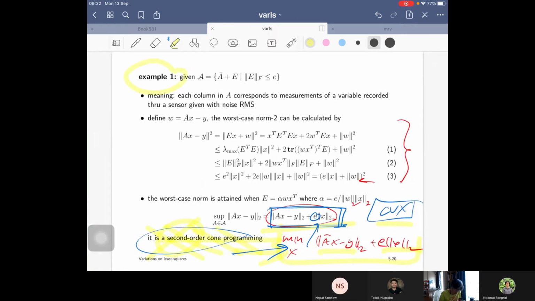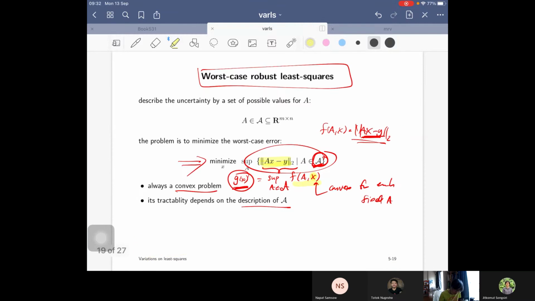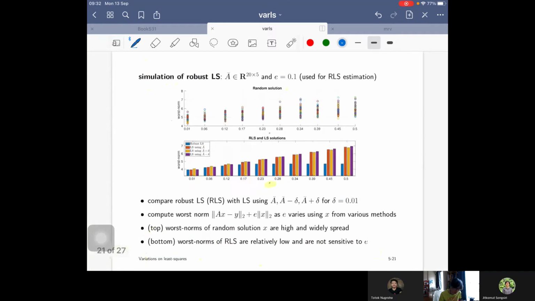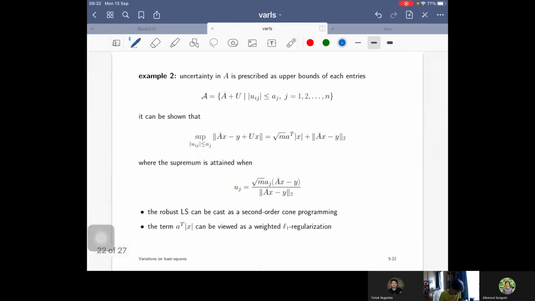In this example 1, we have a description of the uncertainty in A defined by the Frobenius norm of the error, a linear additive structure of the uncertainty in A. I would like to make the point, by giving you a second example, that the tractability of the problem depends on the description of A. We will get different mathematical formulations when the set of uncertainty changes, as in the second example.